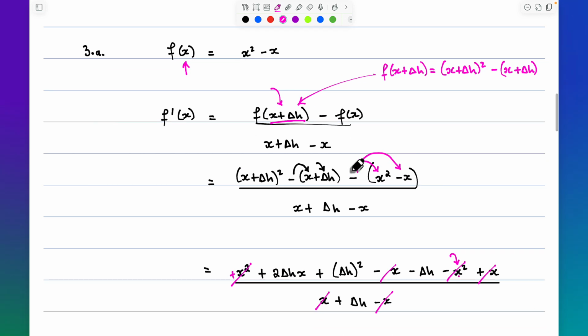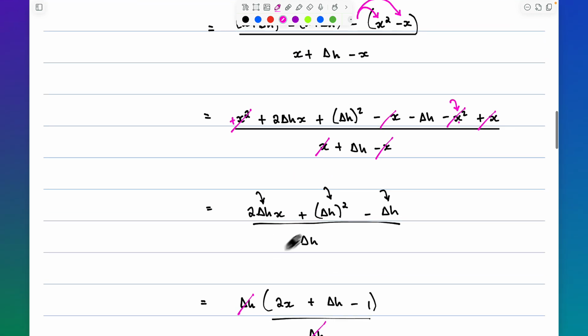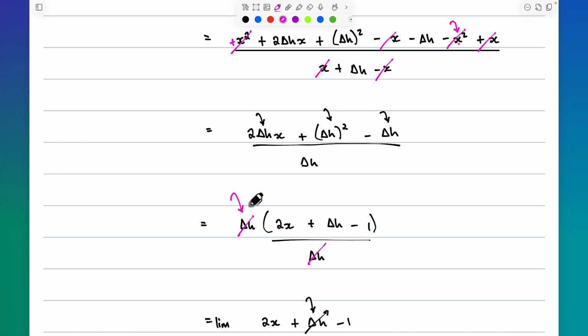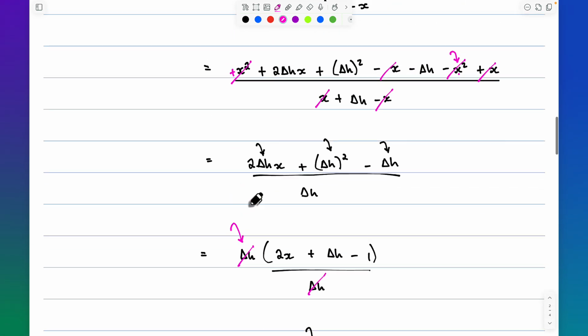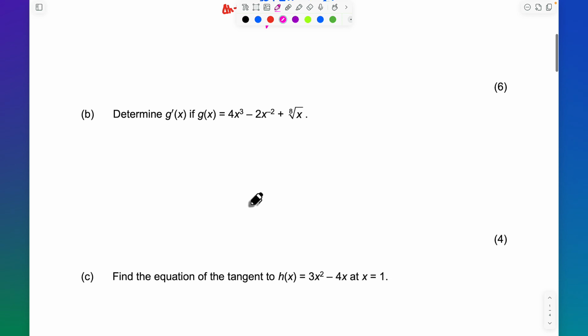But the good thing is that we've got checks along the way, right? Things are supposed to cancel. Especially when you get to this point and you see that your delta h isn't canceling, then you probably made a mistake somewhere. But all of this comes with a lot of practice. That is the one thing I encourage students to always practice as much as possible, so that you can identify these things in your exam especially.